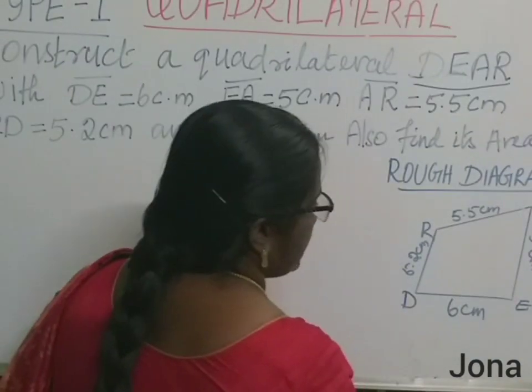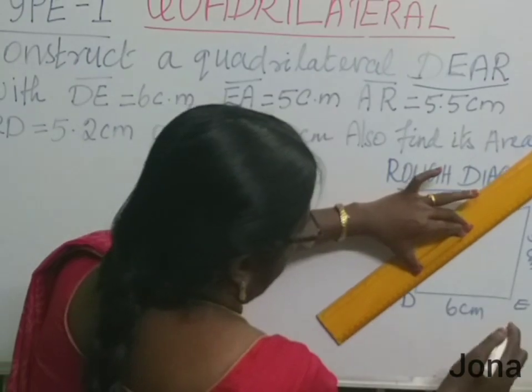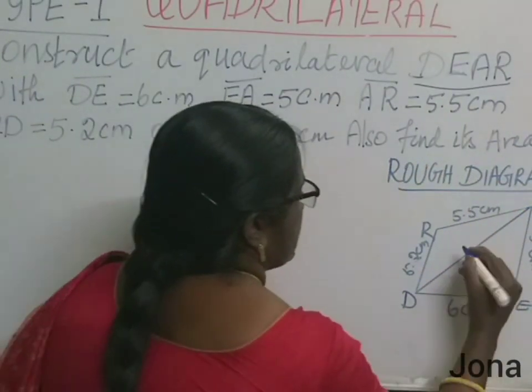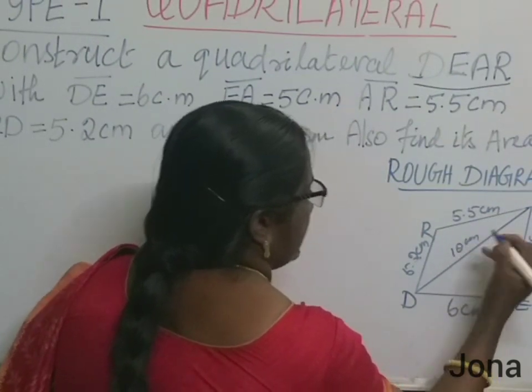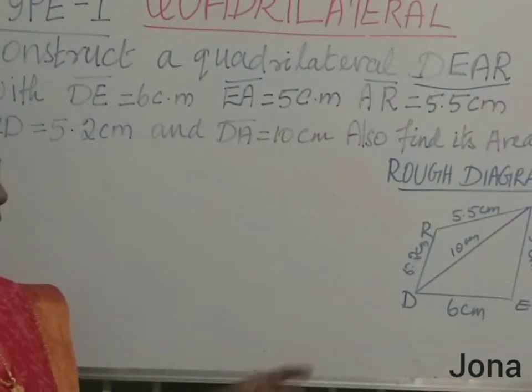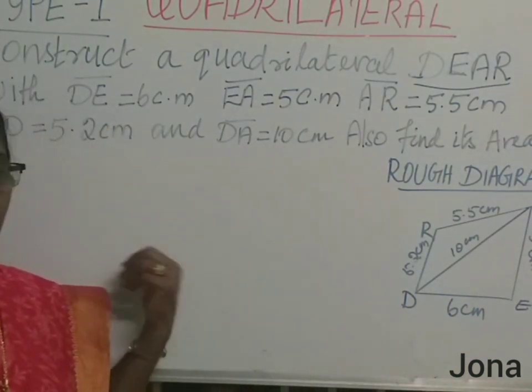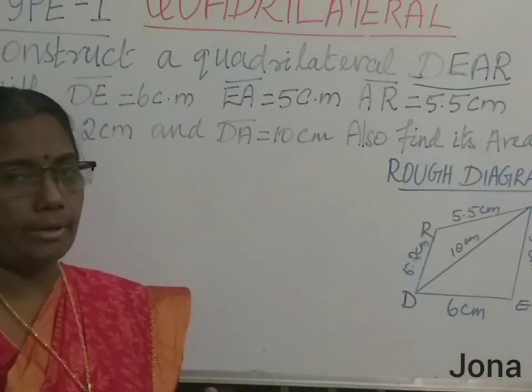So DA is here, so I want to draw DA also. Here this is DA, this is 10 cm. Just we want to draw the rough diagram and then I want to draw the main diagram now.